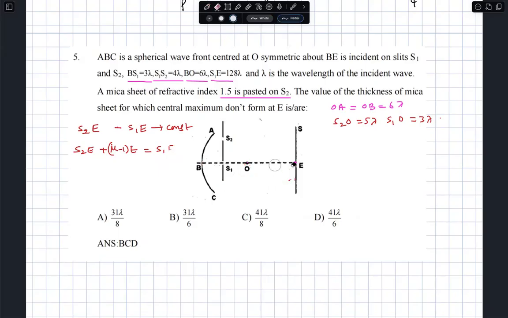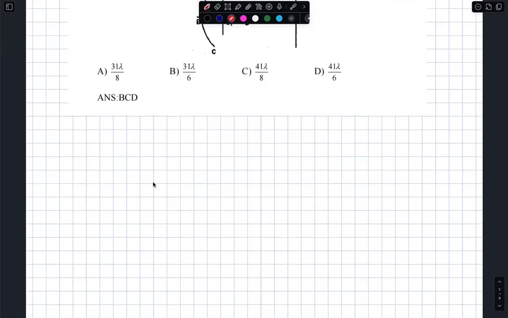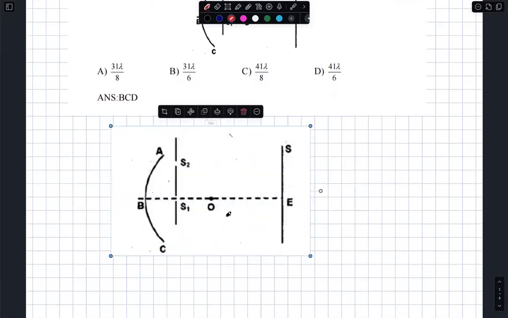I want a bigger diagram. Almost I have cracked the question. I just want to draw the diagram in a bigger way. Please allow me. Right. Thank God.